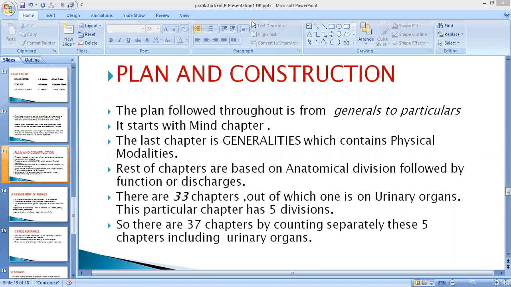For example, rubrics related to hypochondriac region, then hypogastrium, iliac region, ileum, inguinal region, then liver, spleen, umbilicus. These we found under section abdomen.